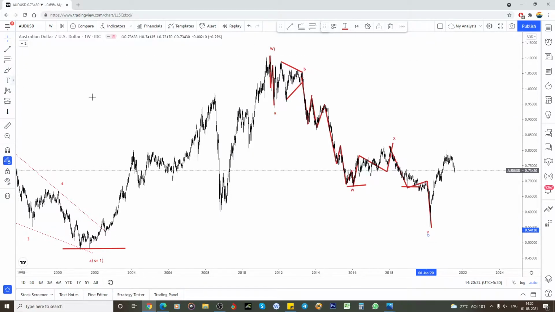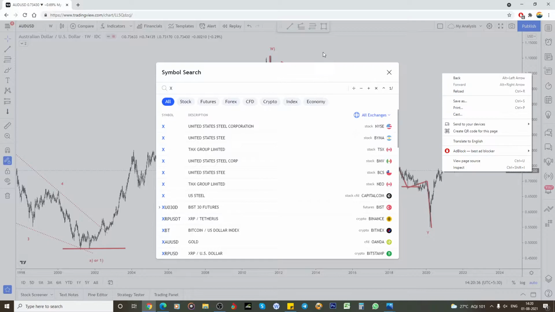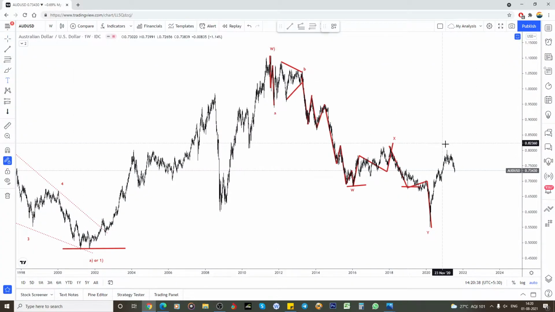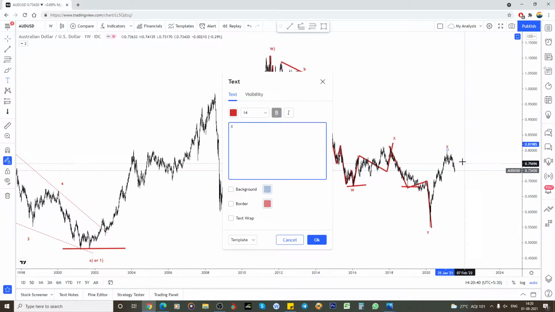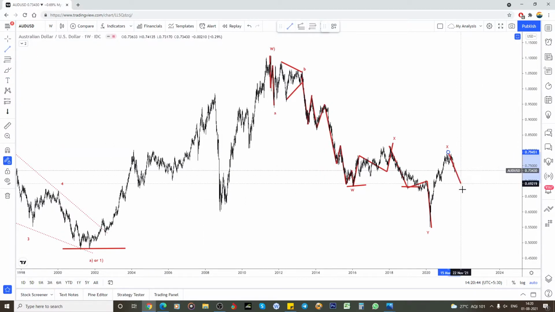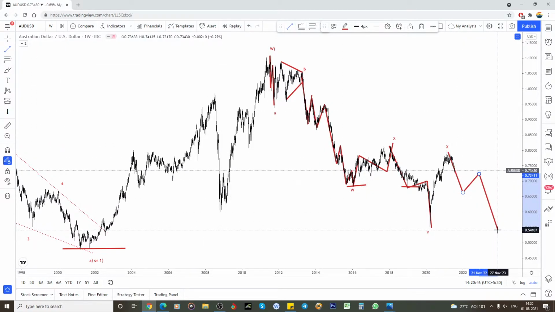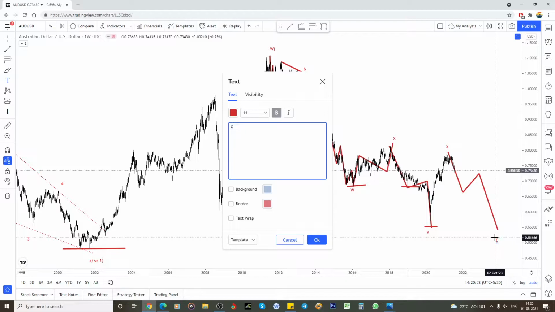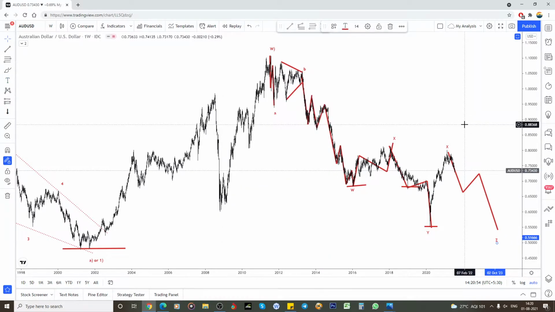Still it could make another X. One second. Still another X, so here another A, B and C to break this low. Then that will become Z. It's a WXYZ. So this is a double correction.